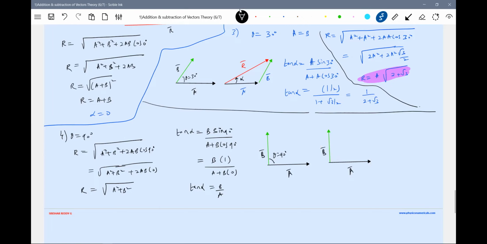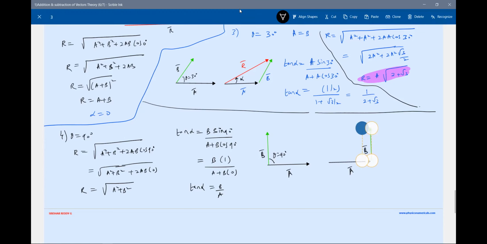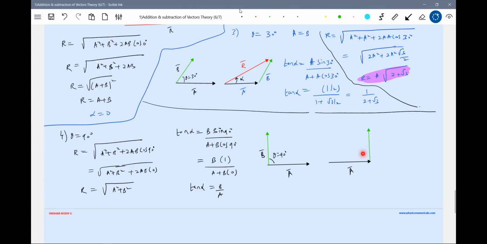Then we are going to shift this one. Then the resultant vector is given by R bar like this. This is that alpha, which we are finding out from the formula.